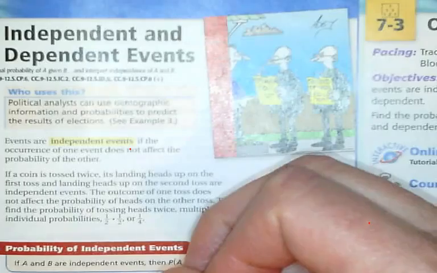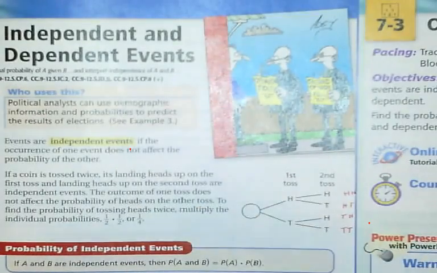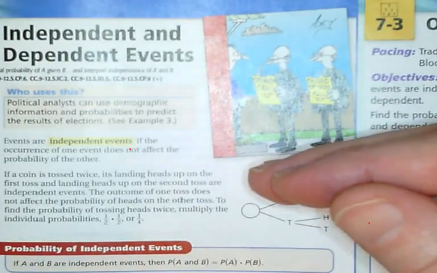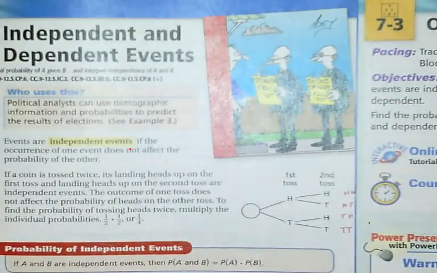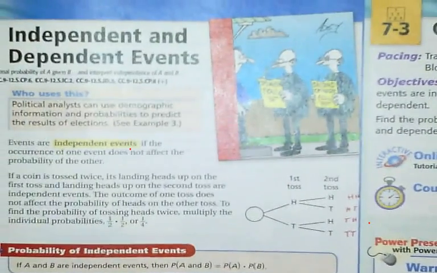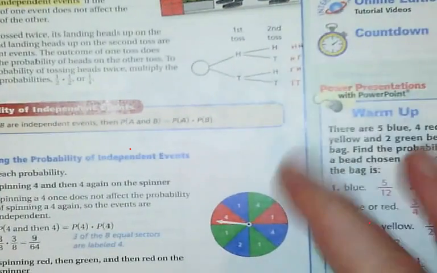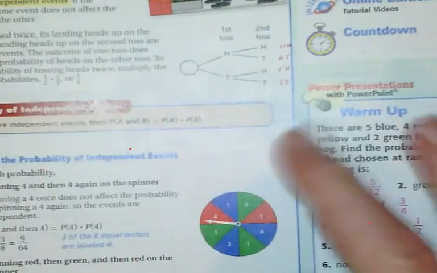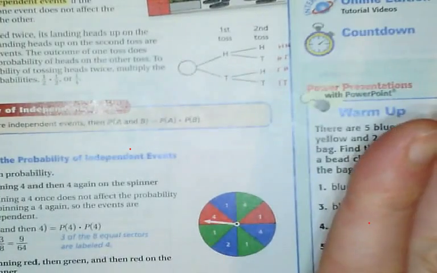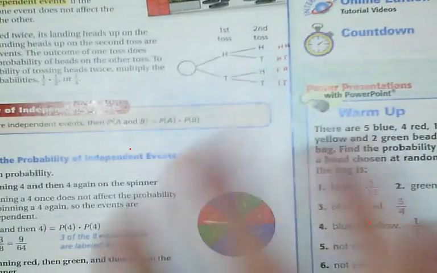Independent events are where you do something that has no effect on the second thing that you do. So, for example, if I'm spinning a spinner like this one, if it lands on red the first time, when I spin it again, that has no bearing.